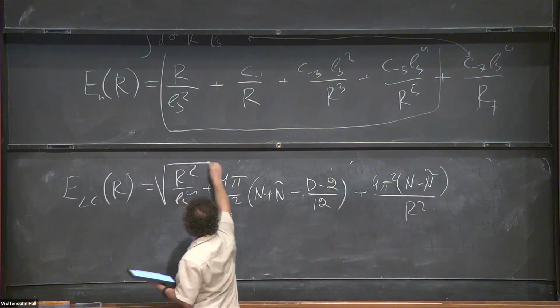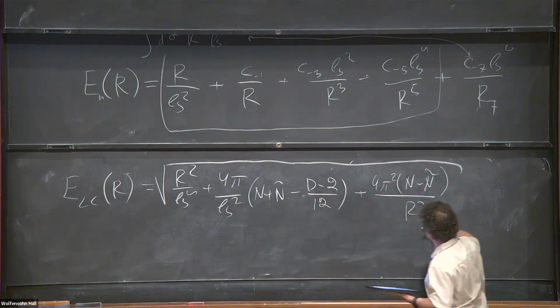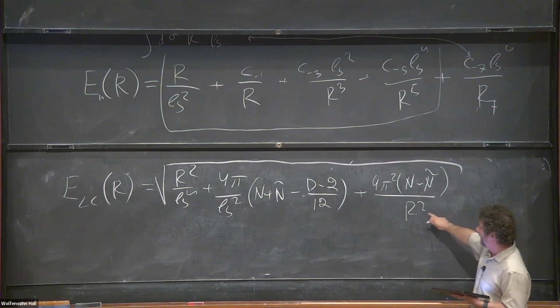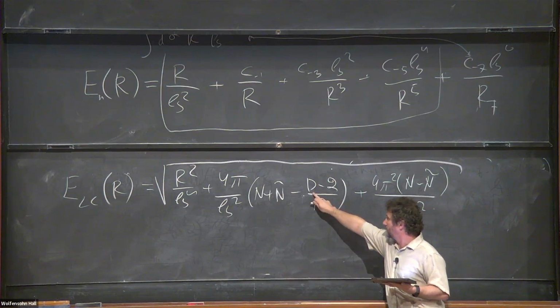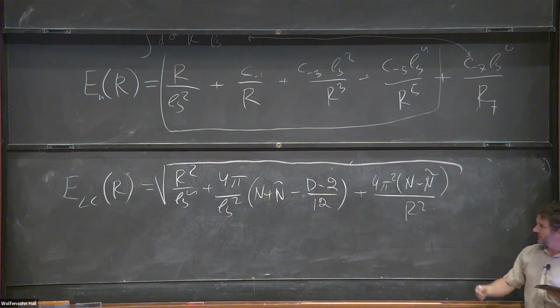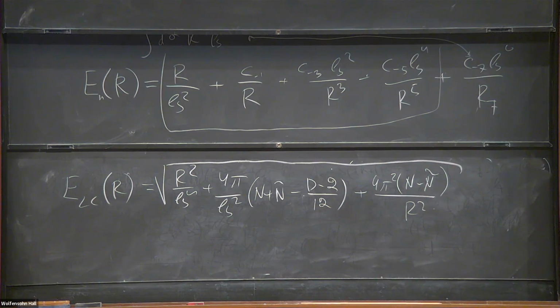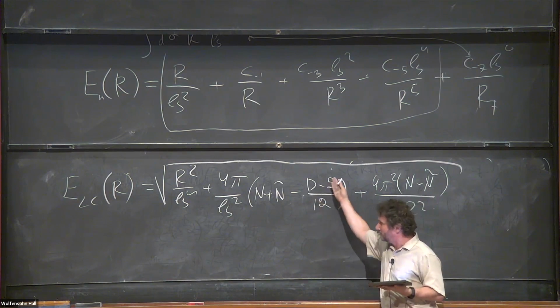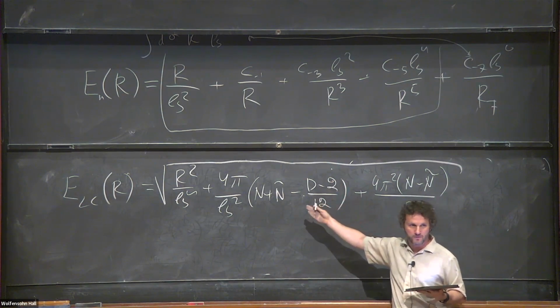And so what this formula is, it's essentially, that's what Ed was referring to. If I plug in here D equal 26, that will be the formula for string excitation energies of string states in the sector with winding 1 for the critical string. But of course, we're not in D equal 26, so the formula was used with D equal 4 or D equal 3.